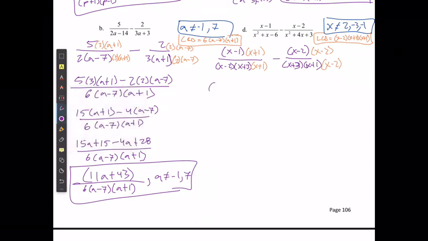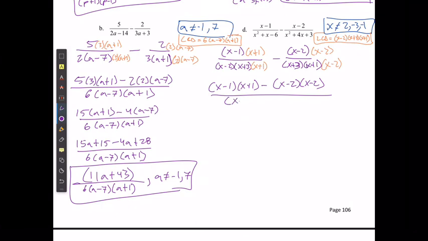So what I really have is (x minus 1)(x plus 1) minus (x minus 2)(x minus 2), all over (x minus 2)(x plus 3)(x plus 1).